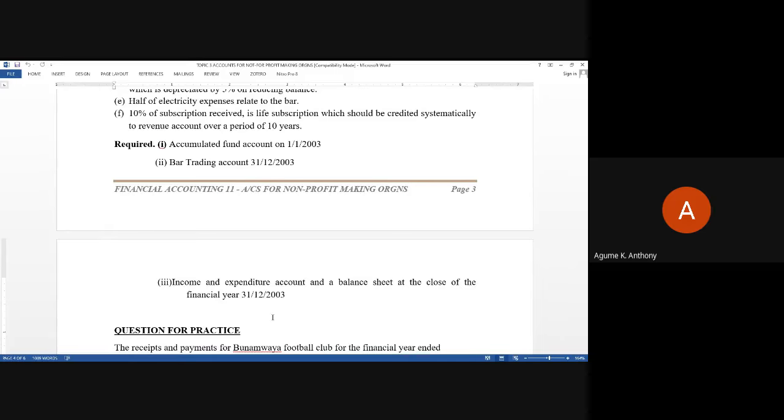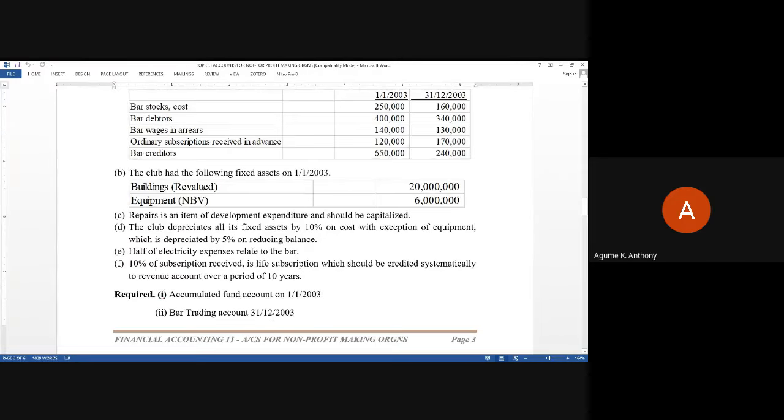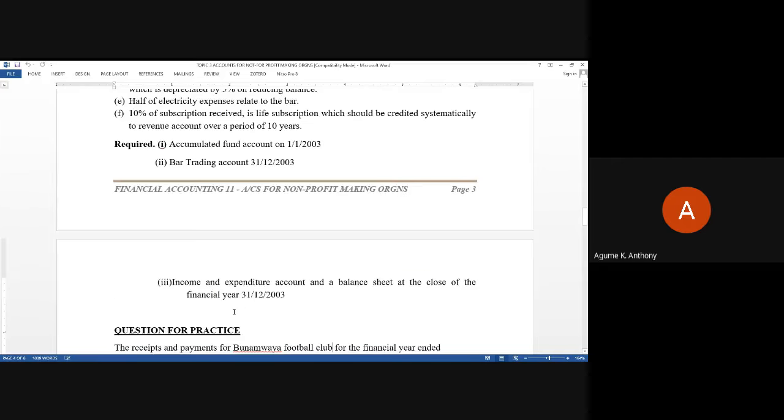financial year. So now, what are we going to do? I need to begin by preparing the accumulated fund. But before I prepare the accumulated fund, they also require the bar trading and the income and expenditure.